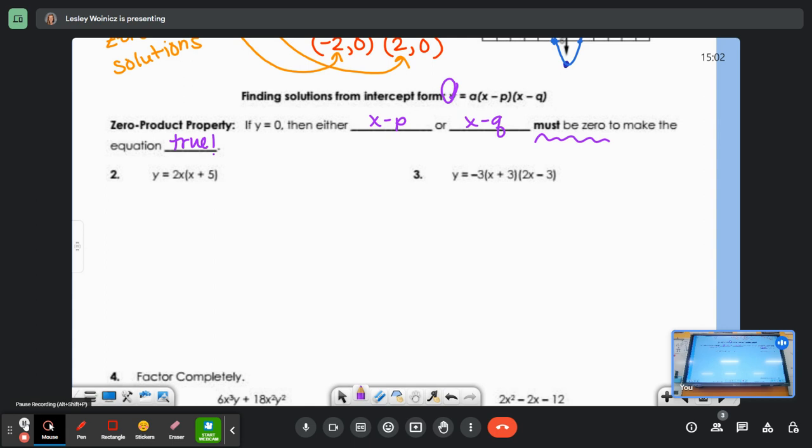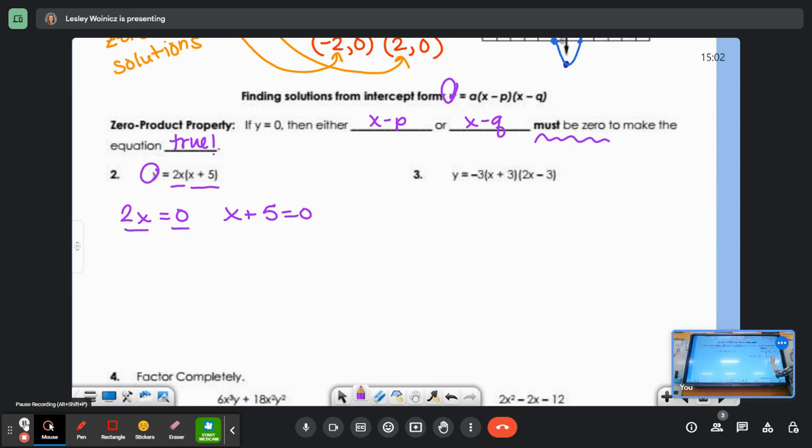So this is how we did it. We made our y 0. We saw that there were two factors. We set each of those factors equal to 0 to find the x that makes the y 0. So we do 2x equals 0 and x plus 5 equals 0, and we solve them both.